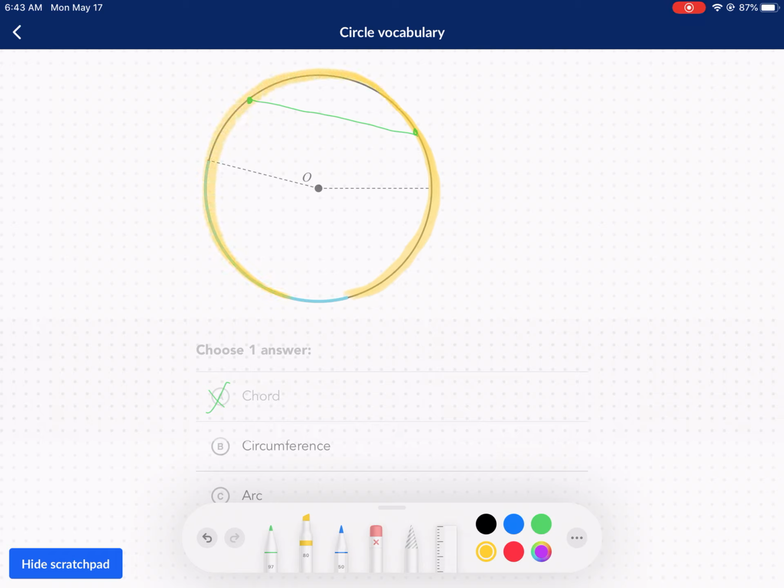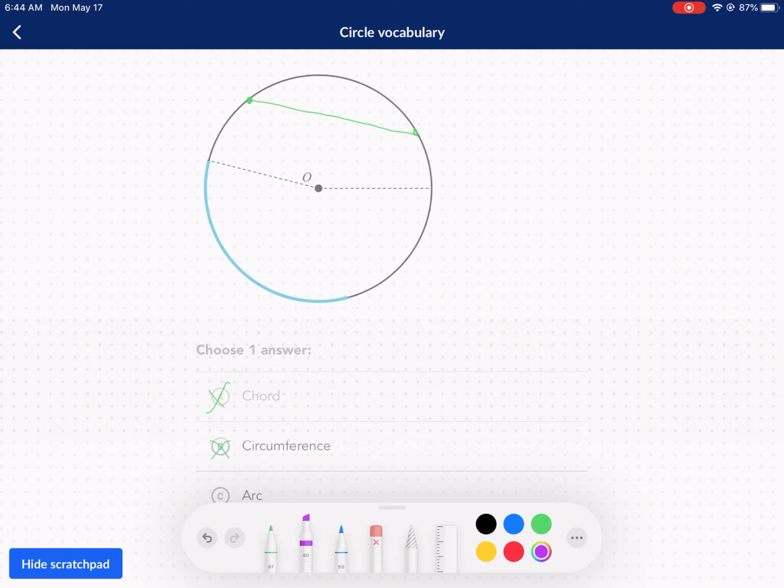So this yellow highlighted area would be the circumference. It's all the way around. Now, this clearly is not all the way around because the blue is only in this part. Okay, so it's not circumference. So by process of elimination, we know it's an arc, but why is it an arc?